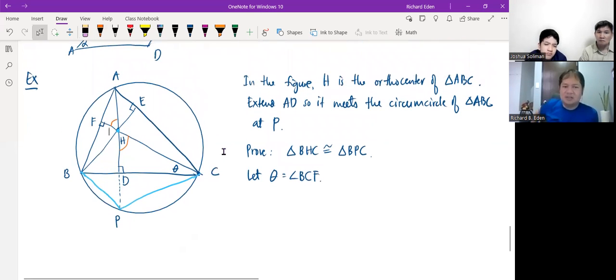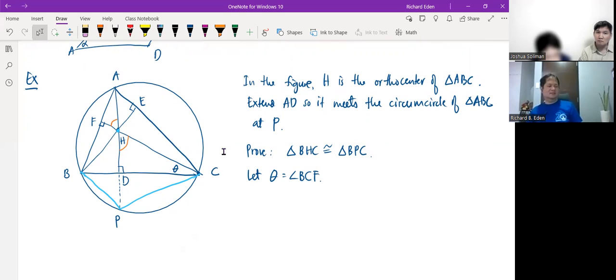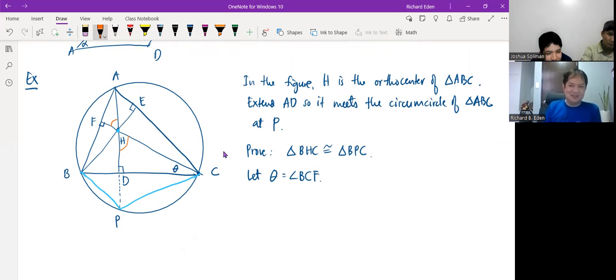Those orange angles. What can we say about that? Yes, I see. So the bow tie.